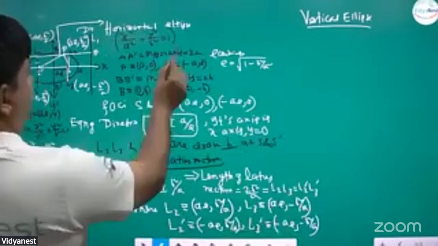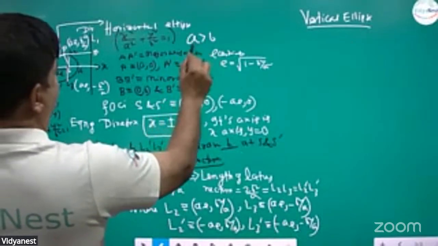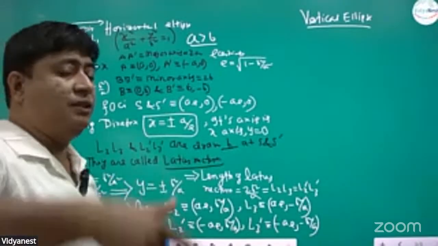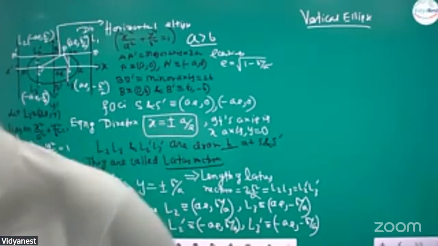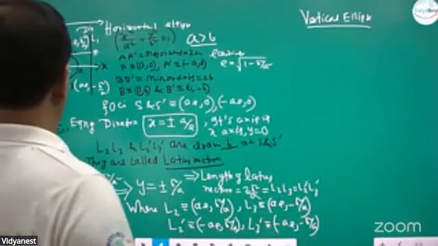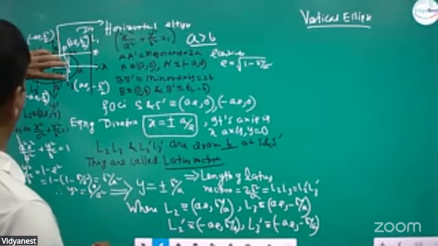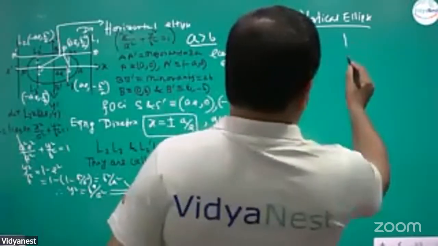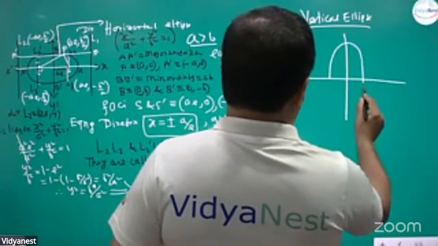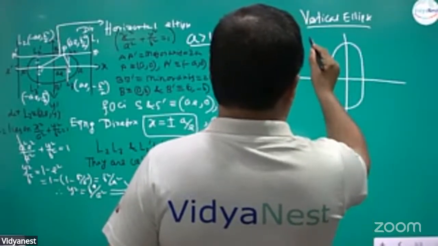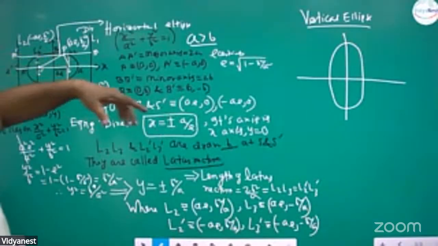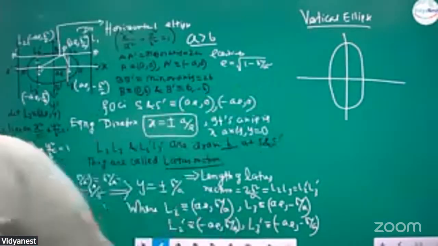In this ellipse, A was greater than B. Now, in the vertical ellipse, everything will be reversed. B will be greater than A. Here the total axis will be changed. The ellipse was like this, and now it will be just reversed.